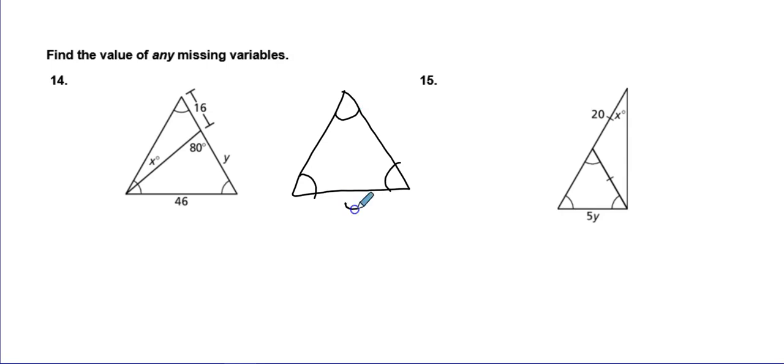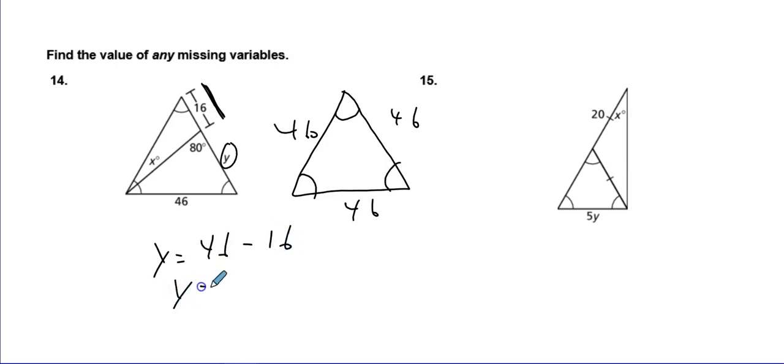So if this base down here is 46, that means this is 46 and this is 46. But if you look at the triangle we start off with, part of it is 16 and the rest makes up the 46. So all we have to do is y = 46 - 16, which means y is 30.